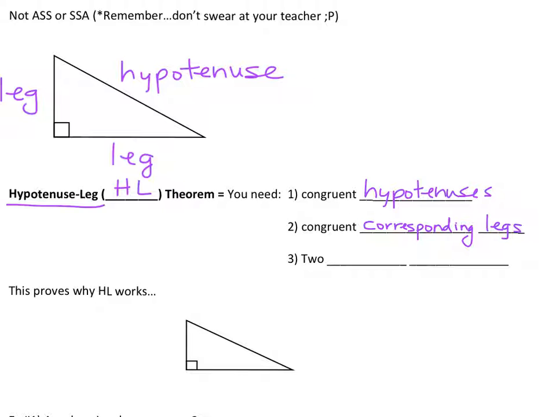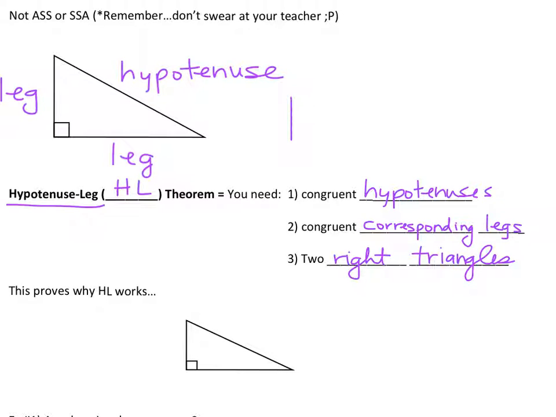Okay, so the legs that match up with each other will be congruent. And then the last thing is you have to have two right triangles. Okay, you have to have two right triangles for this HL theorem to work.